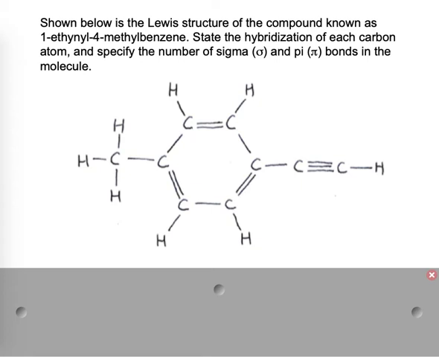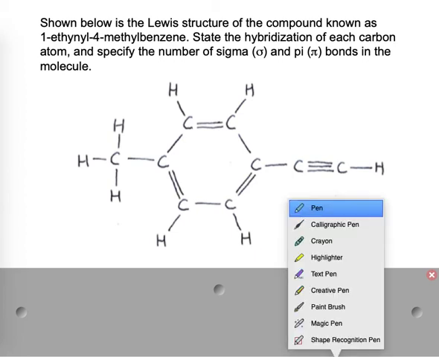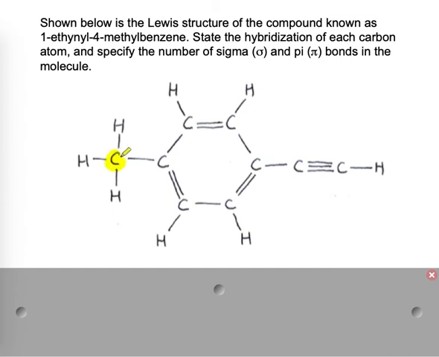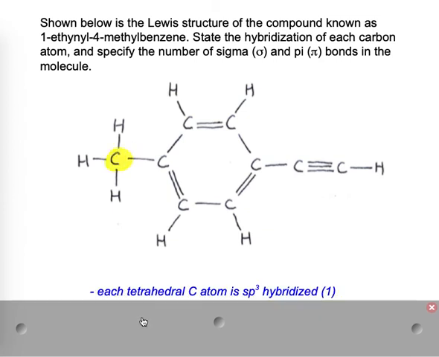Here's a Lewis structure of a kind of complicated organic molecule. State the hybridization of each carbon atom and specify the number of sigma and pi bonds in the molecule. I see one carbon atom that is forming four bonds. So that is sp3 hybridized.